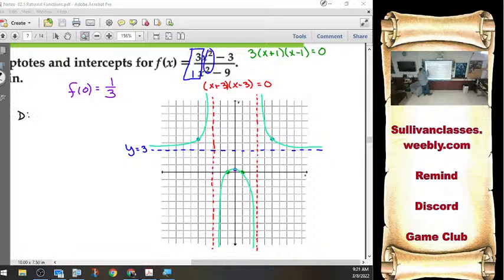Okay, my domain. From negative infinity all the way to negative 3, I can't equal negative 3. So I put a union at it and then continue going. I also can't equal 3, so I need a union there, because those are my vertical asymptotes.